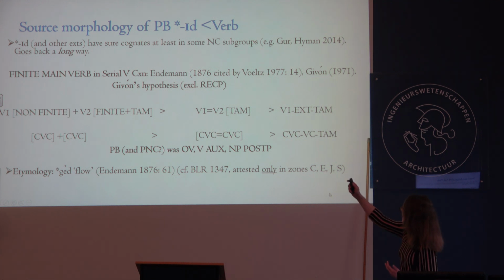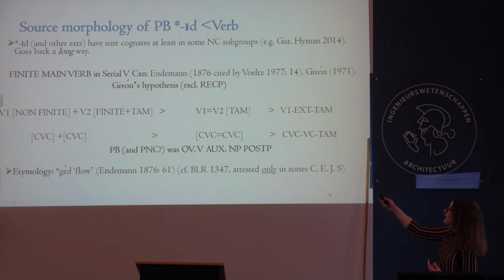So at that point, we get that verb 2 somehow becomes eroded, starts to cliticize to the first verb. So verb 2, remember, was the finite one that had all the tense aspect morphology information on it. And then we get full suffixation to the main verb, and we end up with verb 1, extension, tense aspect.